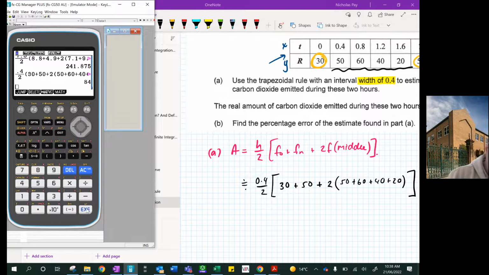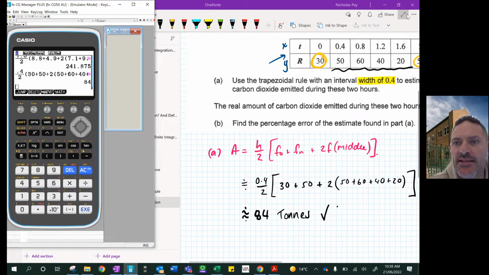So we have the area is approximately equal to 84. Now, I just want to double check what the measurements are in. What is it in? Tonnes. Perfect. Job done. My first part of my question is done.